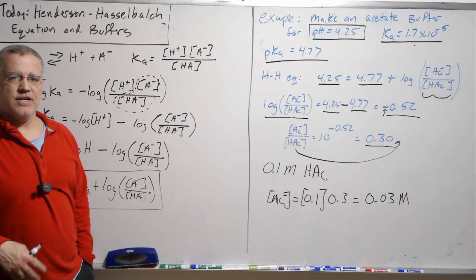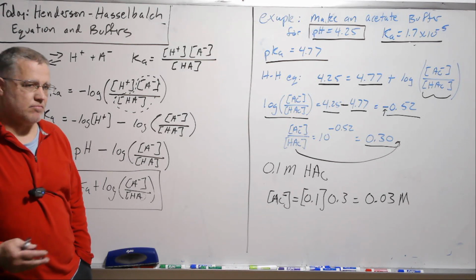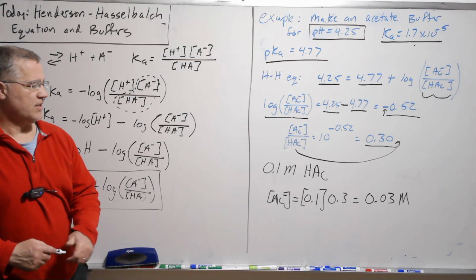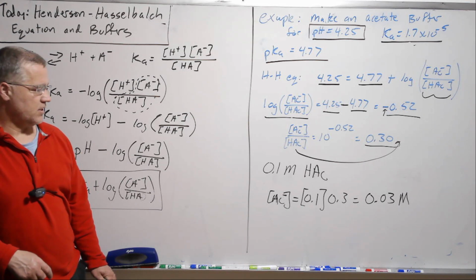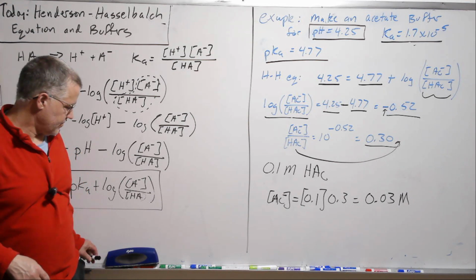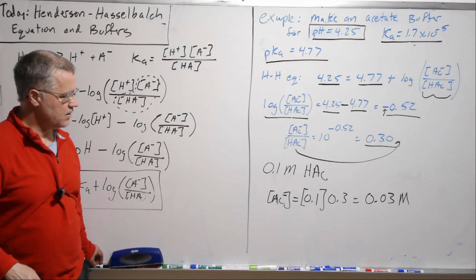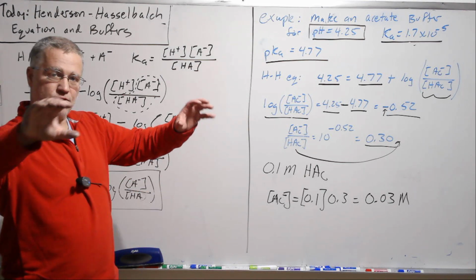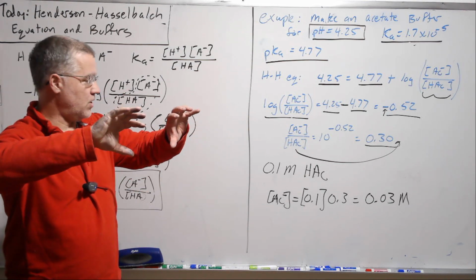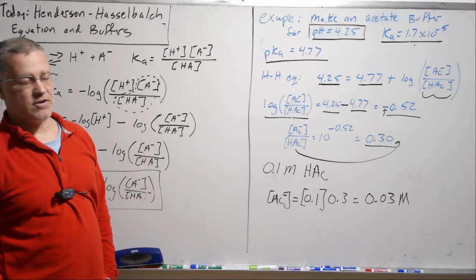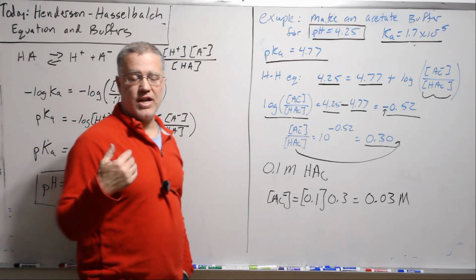So you would weigh out enough sodium acetate in a liter or 500 mLs or whatever you need to make 0.03 molar sodium acetate. Then you would add those volume to volume, 1 to 1, to create your buffer. And so that's how you would create a buffer in the laboratory.